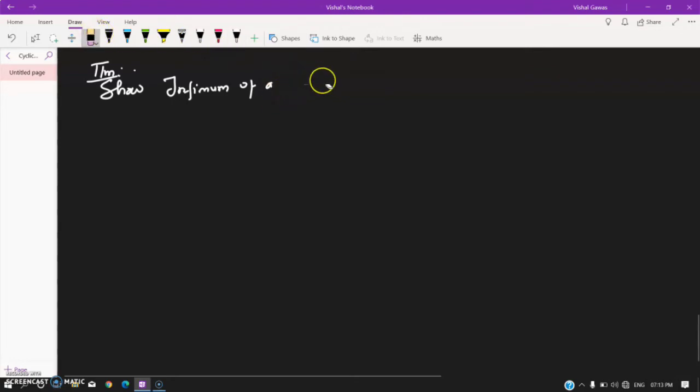So that's the proof of the theorem. Similarly, one can show that, that is left as an exercise. Show that the infimum of a subset of R, if it exists, is unique.